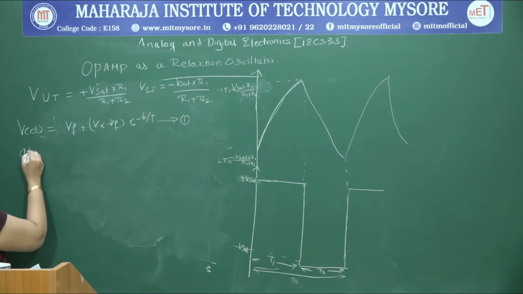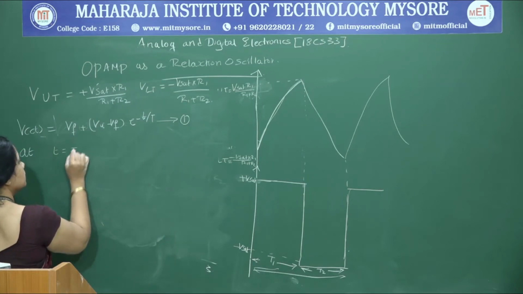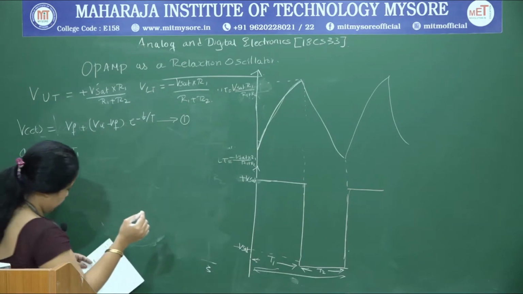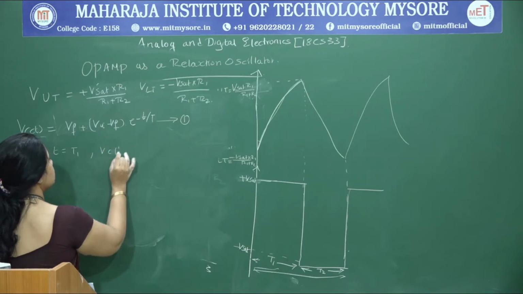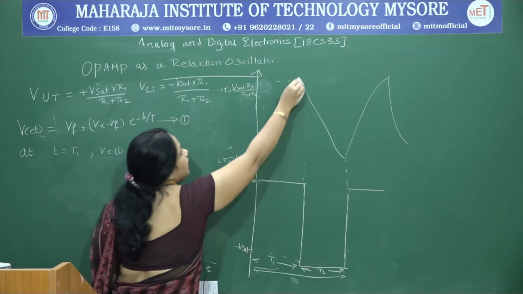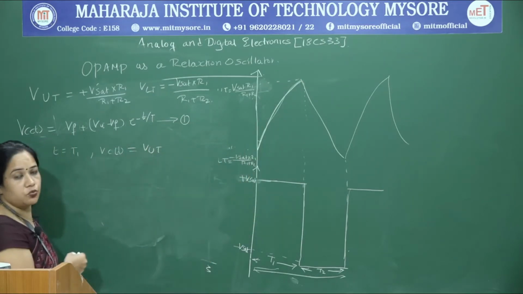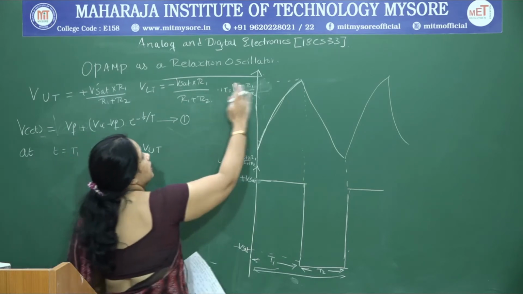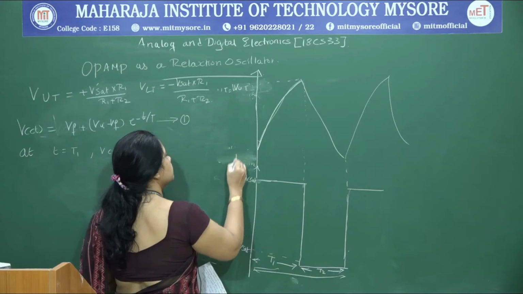Now, let me determine at t equal to T1. At t equal to T1, what happens to the capacitor voltage? The capacitor voltage is going to be VUT, the upper threshold point.